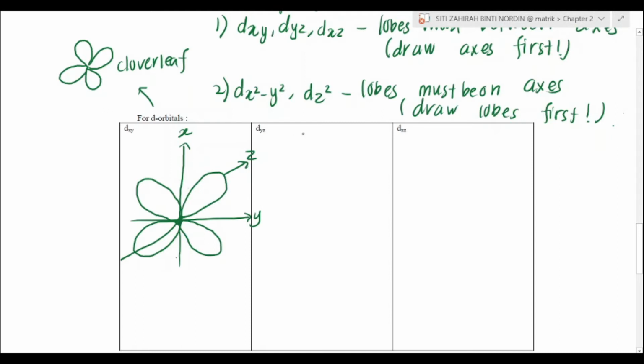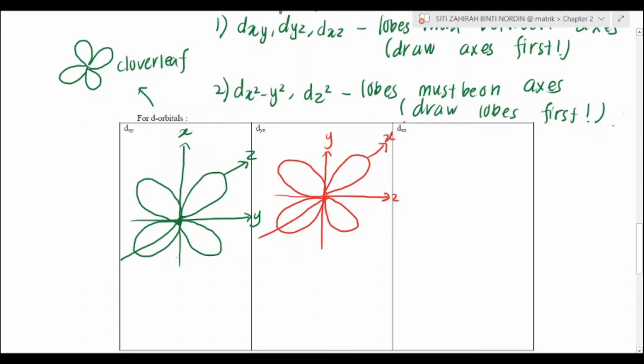So for dyz, draw the axis of y and z first. So there is a lobe between y and z. Remember that d has a clover shape, so you need to draw the rest of the 3 lobes. The axis between y and z must be x.